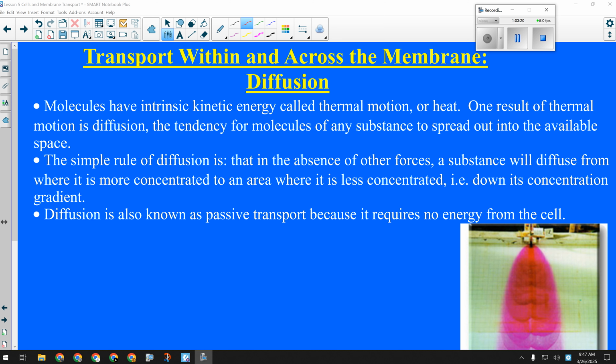Now, diffusion is a natural process. It happens no matter what. It's not actually something the cell does in particular. It's just something that naturally happens. Since you've all had this experience, I'm going to use it because you'll never forget it. It works like a fart.